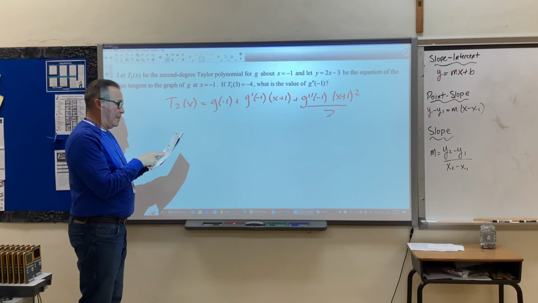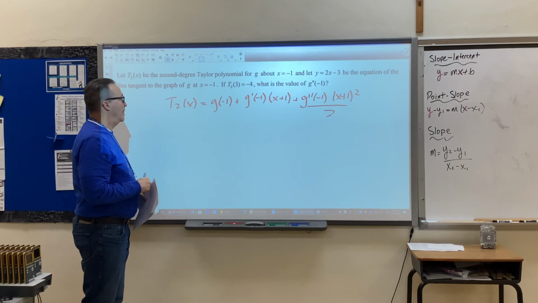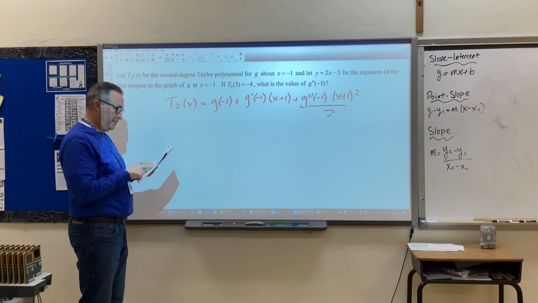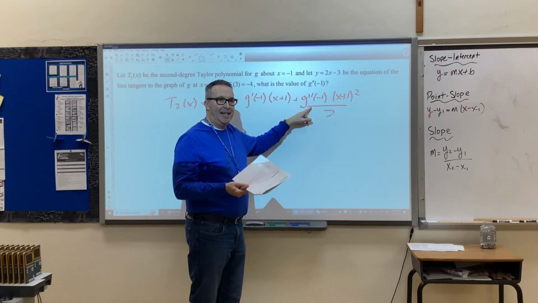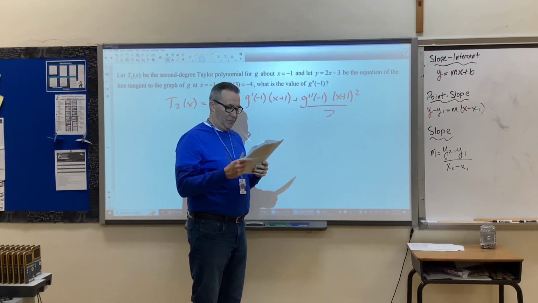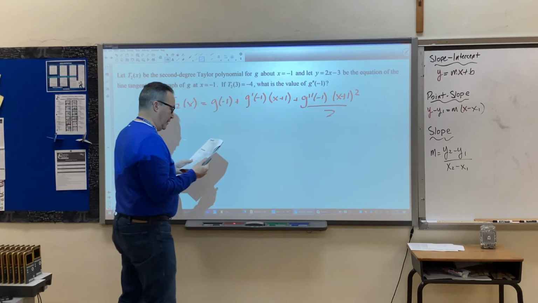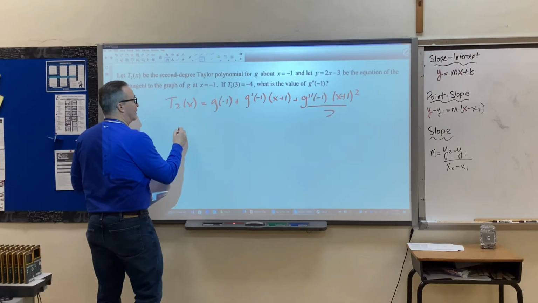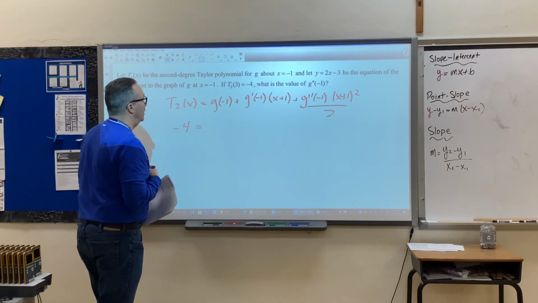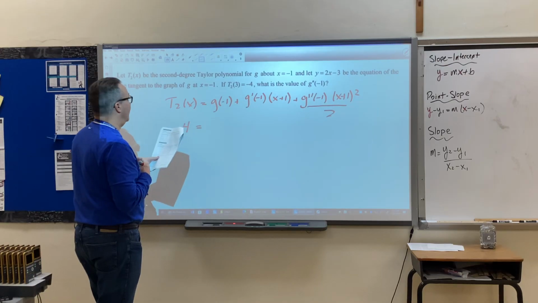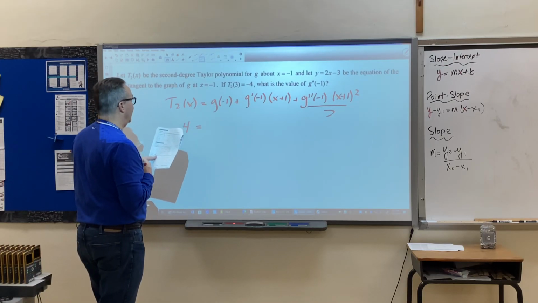Yeah. That we can plug stuff in. Oh, we're looking for the coefficient on this. Yep. I think I did more work than I needed to do. But anyway, this is what I did. I plugged -4 in for this. G of -1.